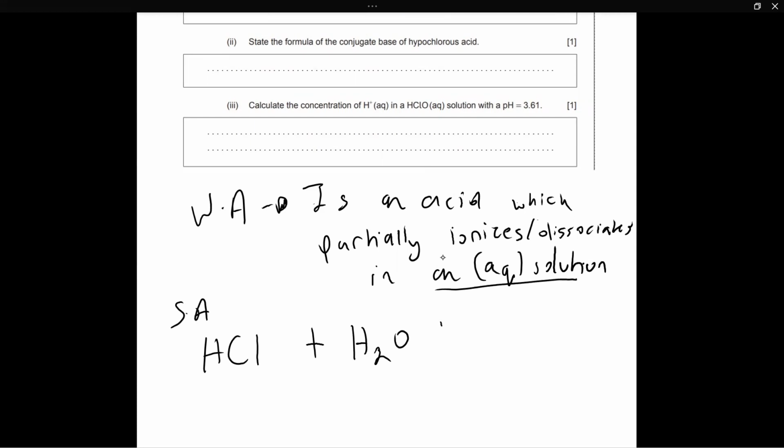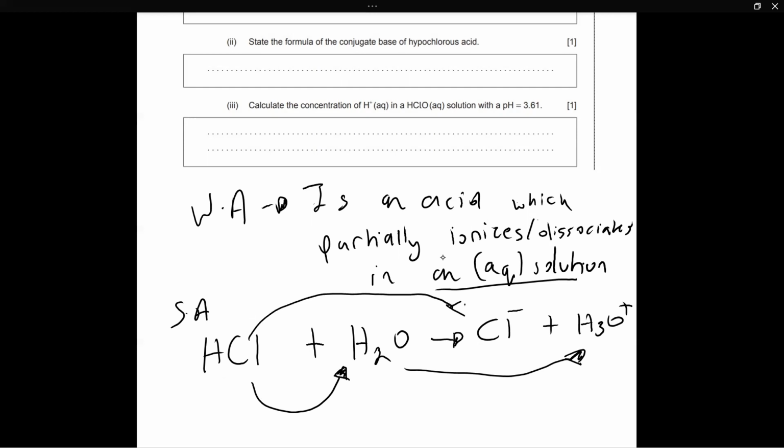And this gives us Cl minus plus H3O plus. And you can see that over here, this HCl has acted as the Bronsted-Lowry acid, and it has donated its hydrogen to H2O, and H2O has then formed H3O plus, which is the ion, and Cl minus has become the conjugate base because it has donated its hydrogen to H2O.